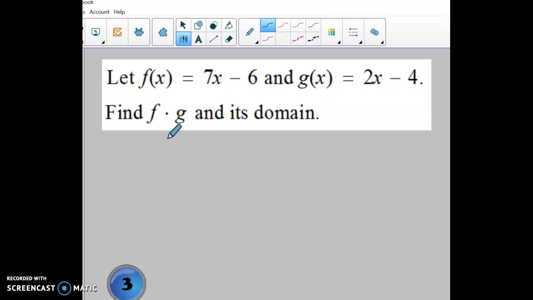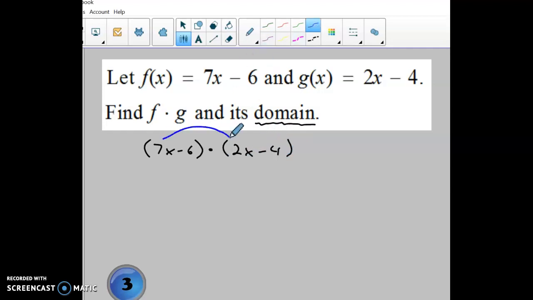Okay, next up is a multiply. Multiply the two functions and then also talk about domain, which is what is possible for x. Pause the video and give it a shot. So I'm taking f of x, which is this function, multiplied with g of x, which is this function. You're just basically going to do FOIL.